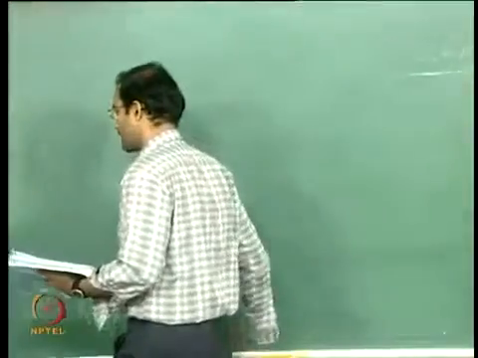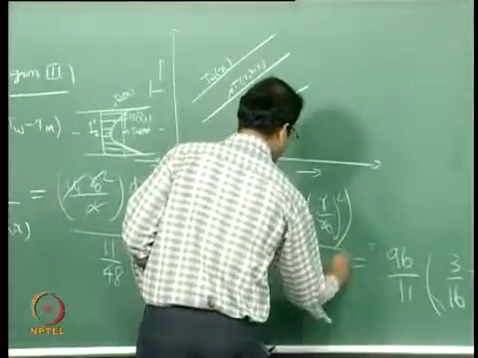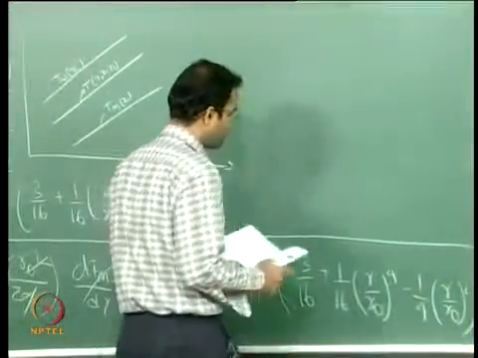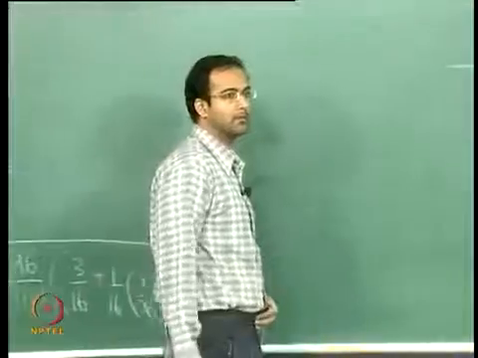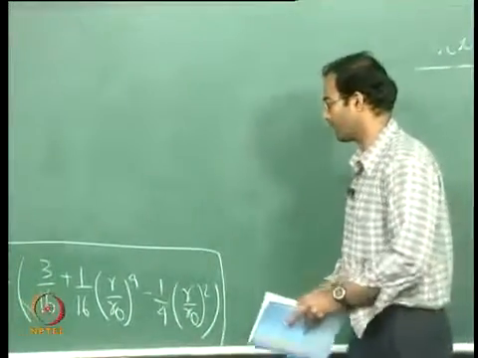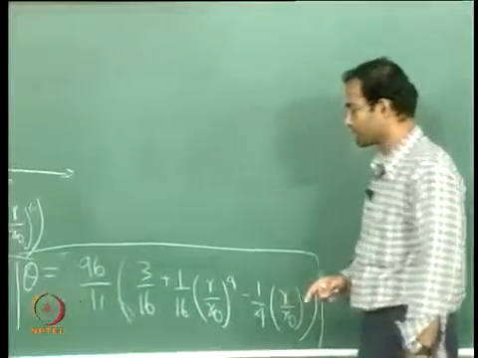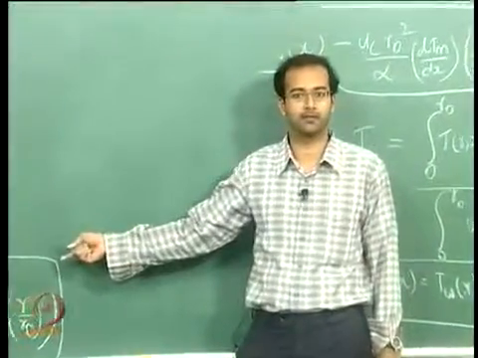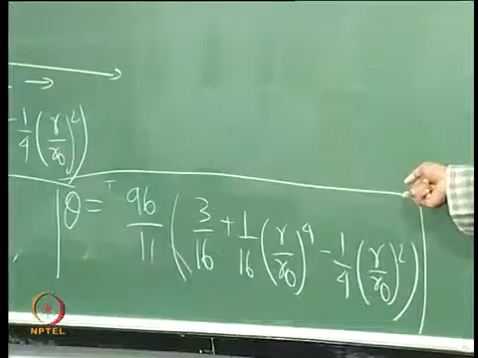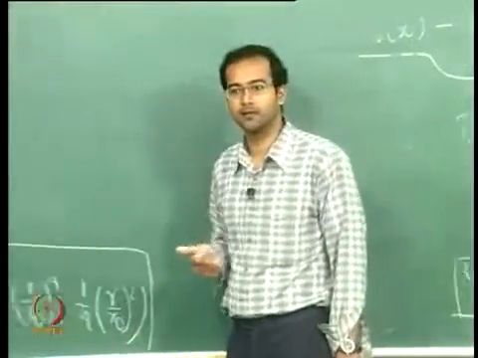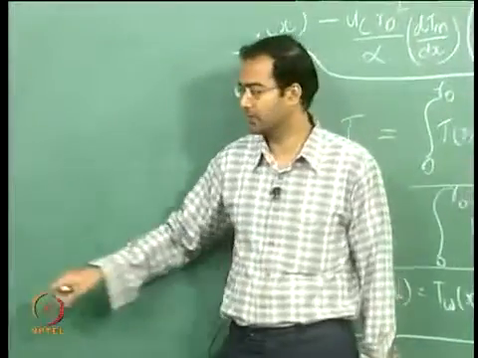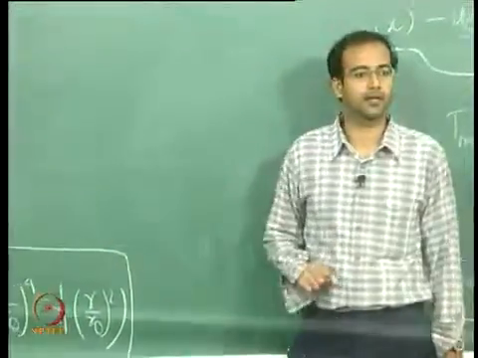So this is your final expression for theta. Now once you have calculated your non-dimensional profile, you can see the non-dimensional profile is not a function of x now. The way we defined theta in the thermally fully developed region, theta is supposed to be independent of x, and that is what comes out correctly.